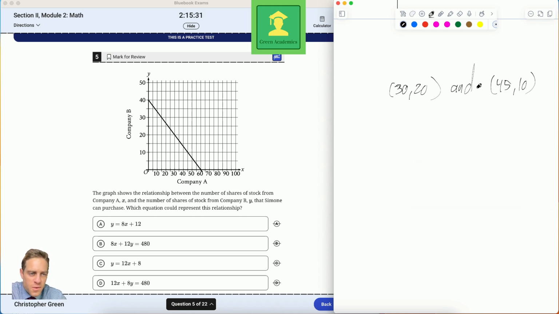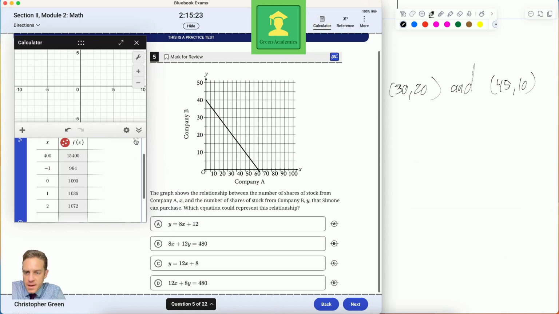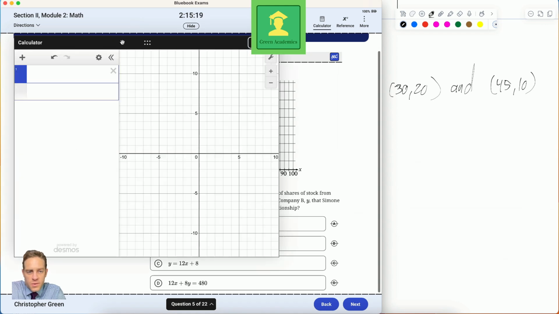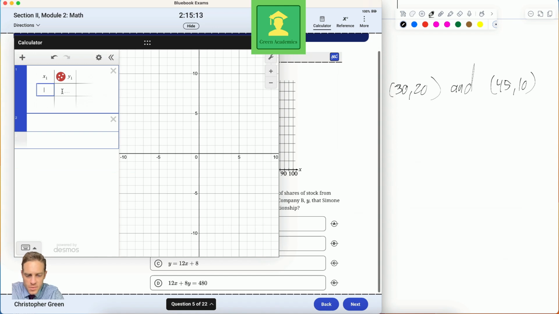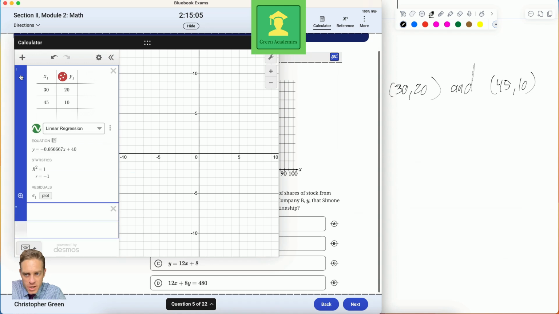You could have used the endpoints also, but there's a clever way to get Desmos to help you with this that I think is extremely beneficial, is that you can give it values and make the calculator do the regression for you. So if you go to a table and you put in 30, 20, and then you also put in 45, 10, and you hit this thing right here, add regression, it defaults to a linear regression.